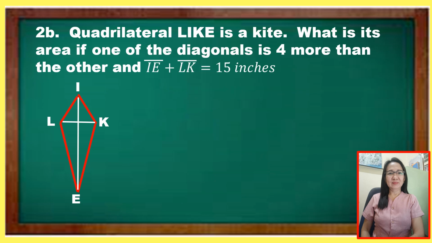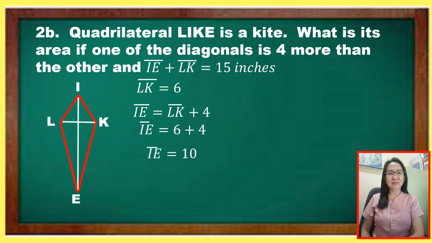Now, since we obtained LK, which is our shorter diagonal, let us find our longer diagonal. So IE is equal to LK plus 4, where LK is equal to 6, added by 4, so IE is equal to 10. This is our longer diagonal.